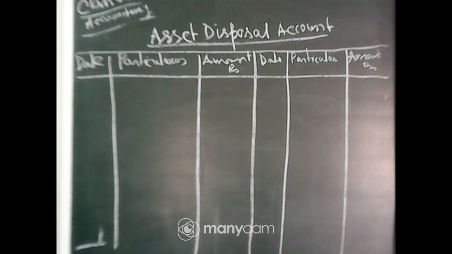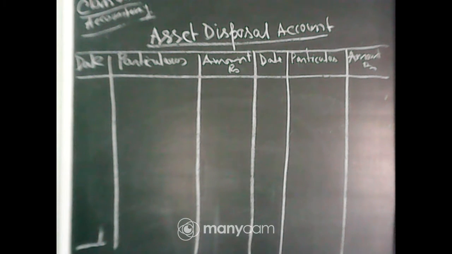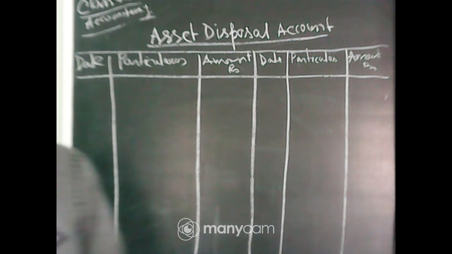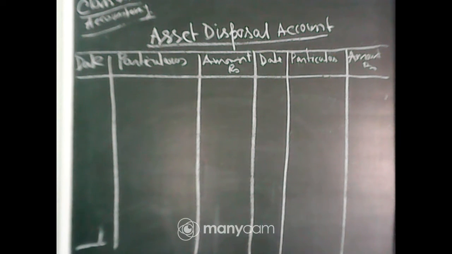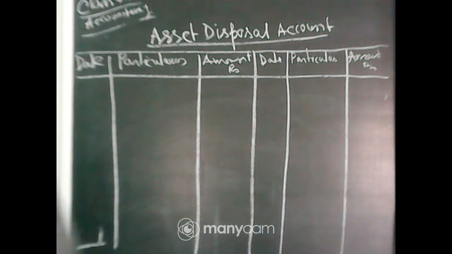In the year 2011, they purchased machinery costing rupees 10 lakh. From this 10 lakh of machinery, a machine whose value is 2 lakh, they sold on April 30, 2014 at a price of rupees 75,000.